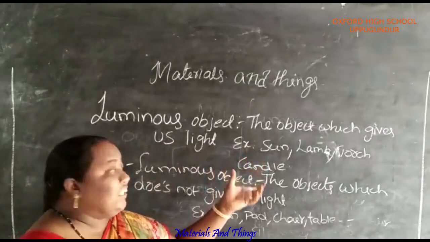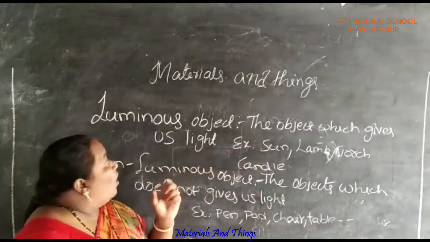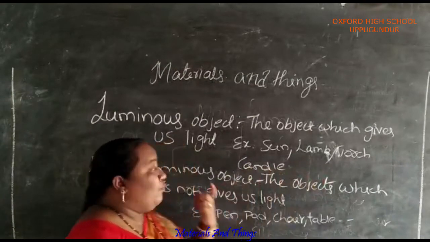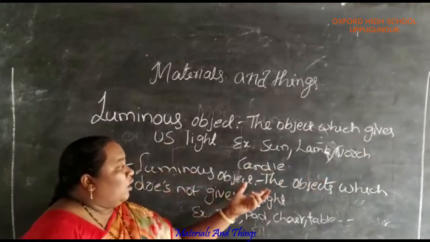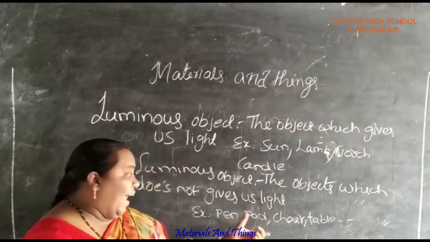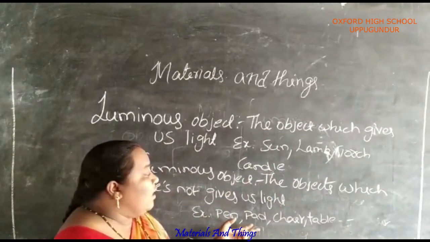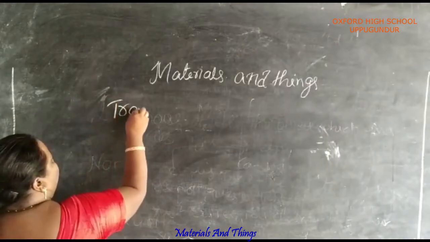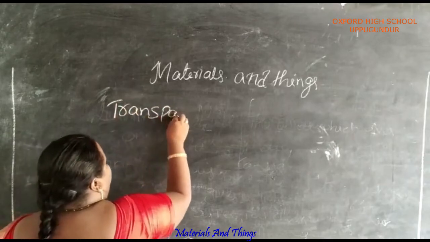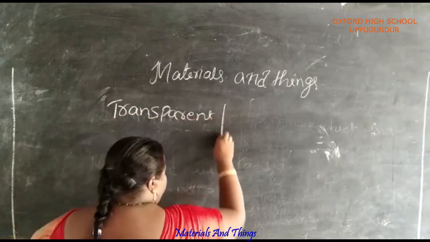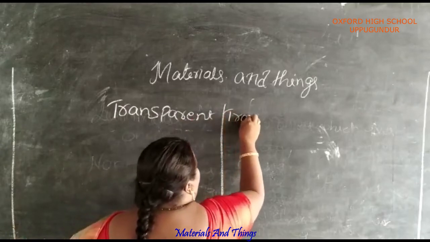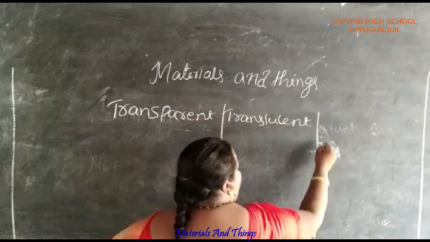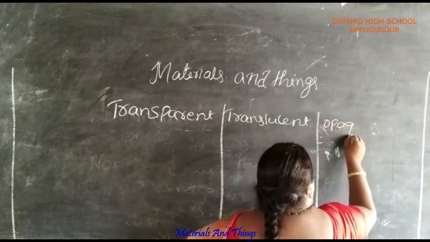See, luminous objects: the objects which give us light are called luminous objects. Example: sun, lamp, torch, candle. Non-luminous objects: the objects which do not give us light. Example: pen, pad, chair, table. Some examples for transparent, translucent, opaque.